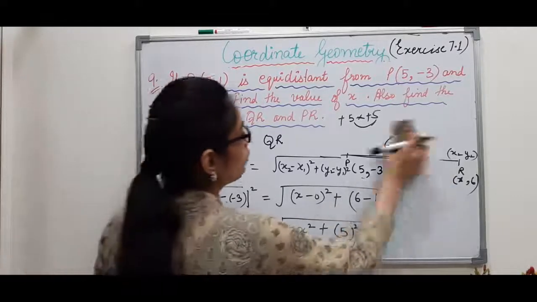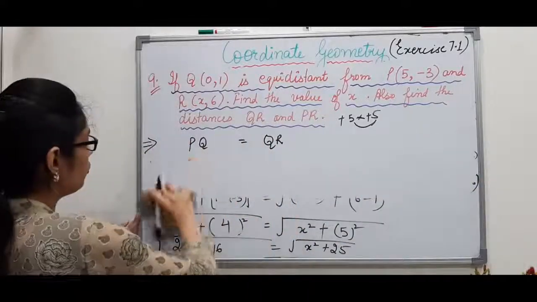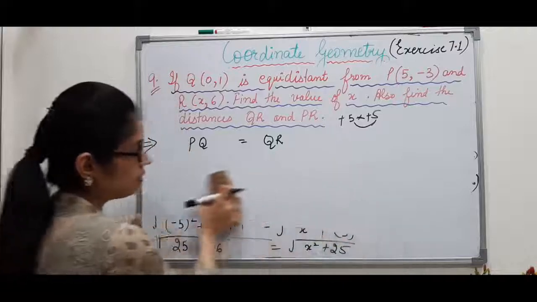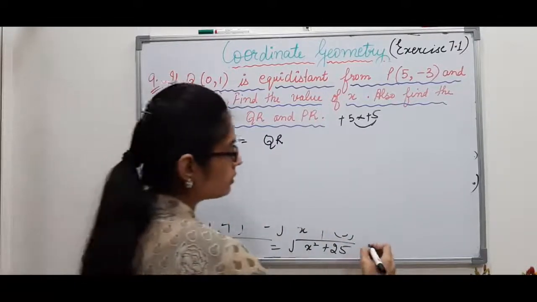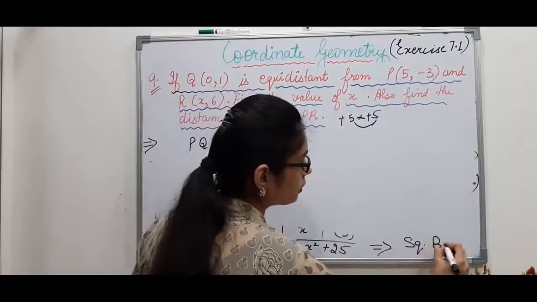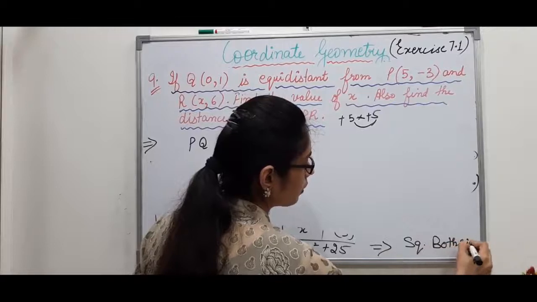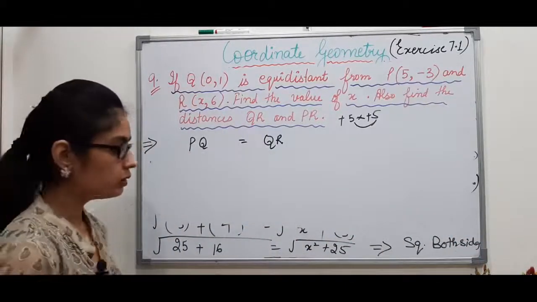Now, in the previous questions also I have explained you, whenever you have got this situation, when square root is there, you can simply do this step, squaring both sides. Whenever you have to finish square root, you have to square both sides.